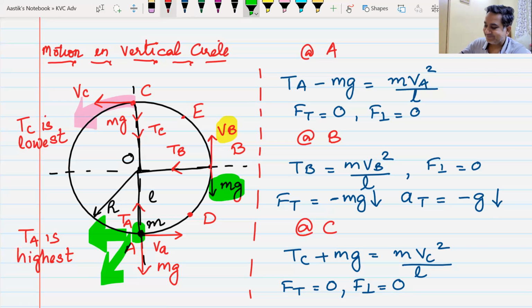A is highest. The speed has to be highest at the lowest point. It cannot be highest at the highest point. Law of conservation of energy also holds here. V at C is lowest.